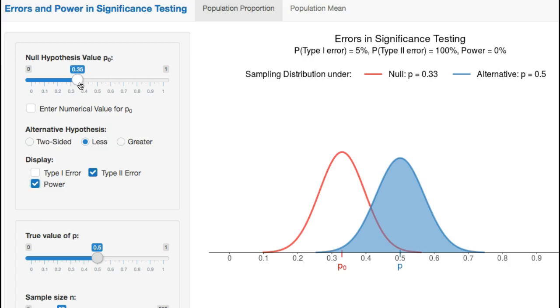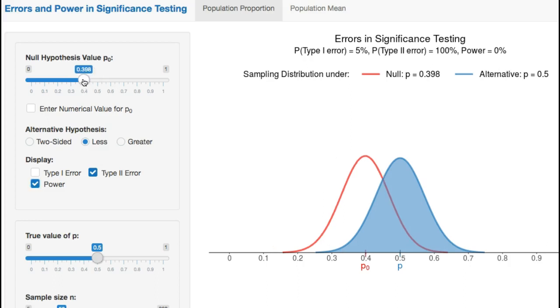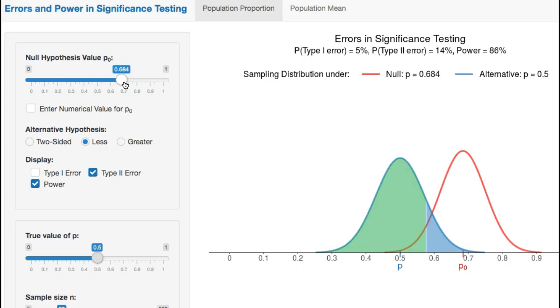I'm going to move this a little bit. Here my true proportion was at 0.5. The one for my hypothesis test was at 0.68. And you can see there is my type 2 error, and here's my power. These add up to 1.